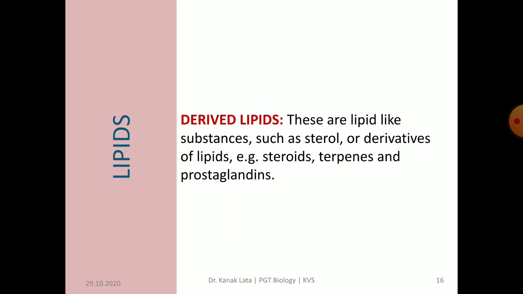Prostaglandins are hormone-like compounds derived from the 20 carbon polyunsaturated fatty acids. Their richest sources are secretions of seminal vesicles in males and menstrual flow in females.